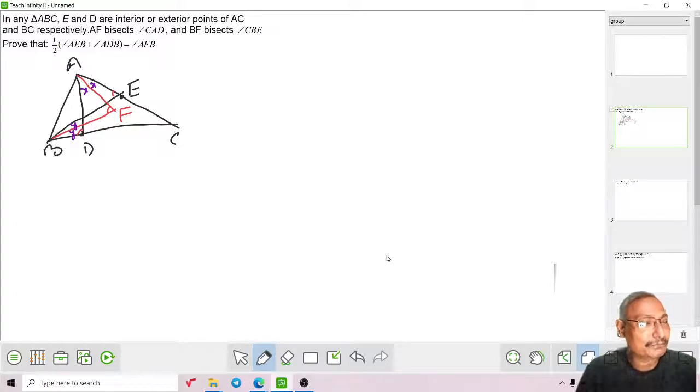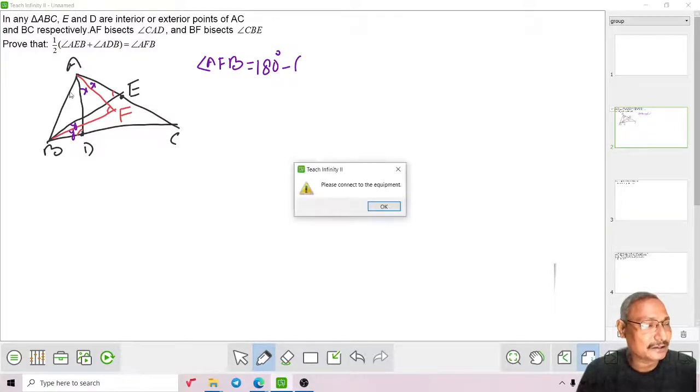So first of all, find the value of angle AFB. Clearly, angle AFB can be known with the help of triangle AFB. In this triangle, this angle is one of the three angles. So angle F will be equal to 180 degrees minus the sum of these two angles, and here these two angles are very clear to understand.